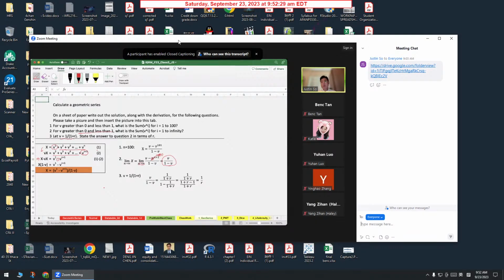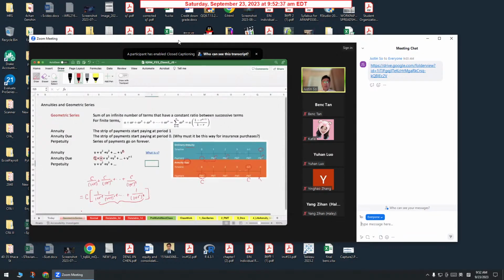That also works. So you've got to think about it. In this series, we did not actually assume this is annual. Typically we see a lot of annual cases, but that's not always the case. You've got to think about that one. Okay. So that's about annuities and geometric series.